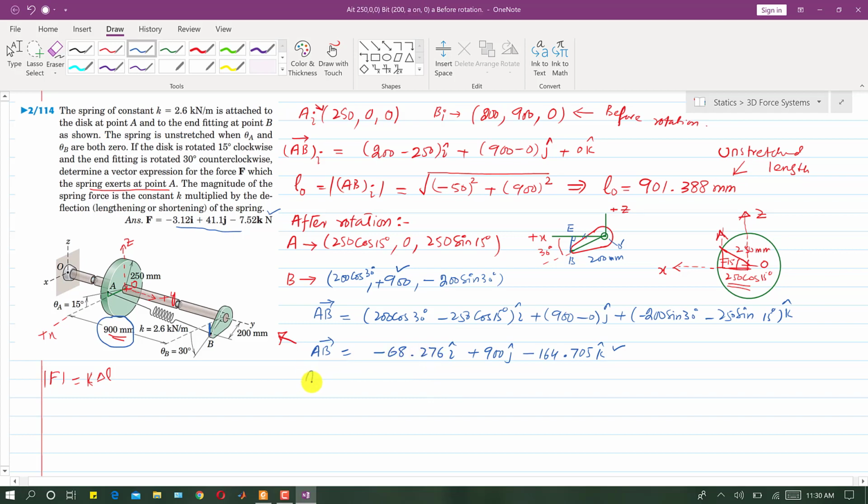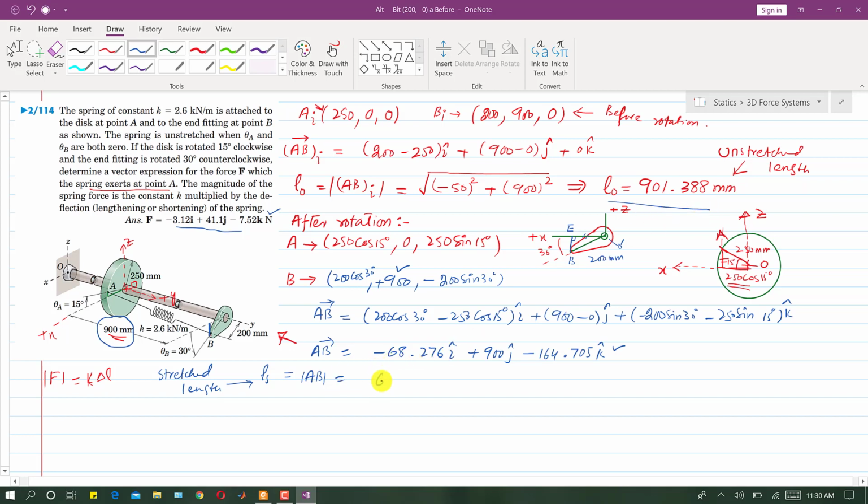So now to find the AB magnitude, that AB magnitude will be equal to the stretched length of the spring, right? So I will write stretched length. So this is the stretched length, and this is the unstretched length.